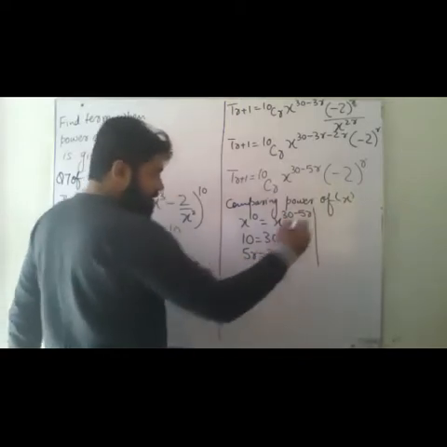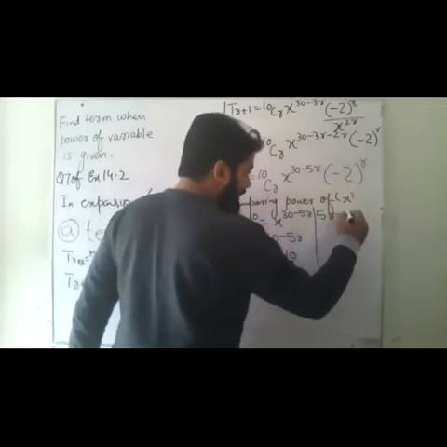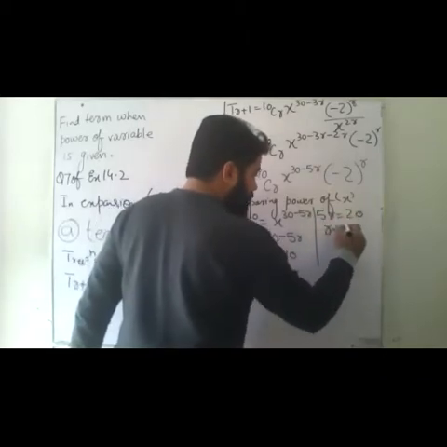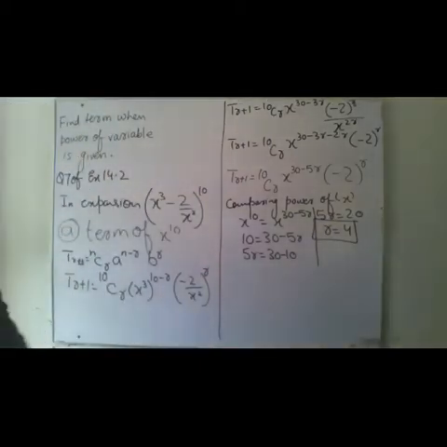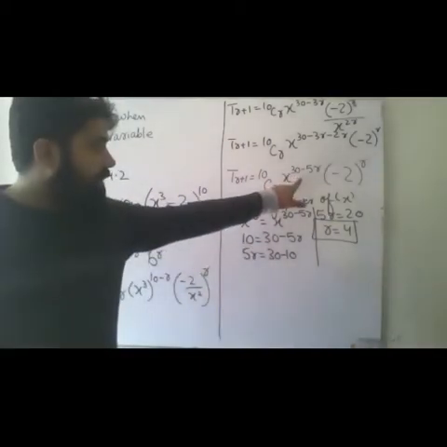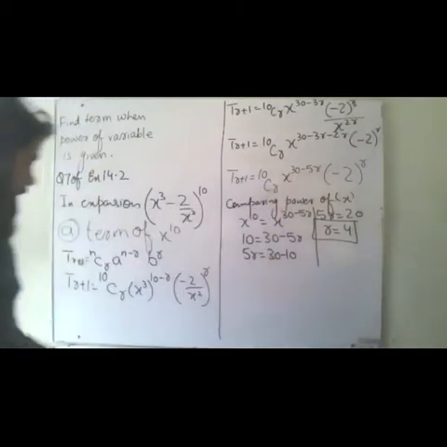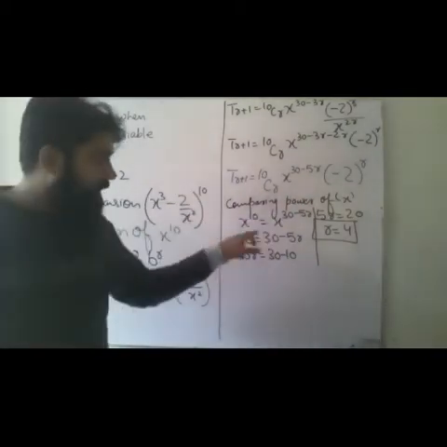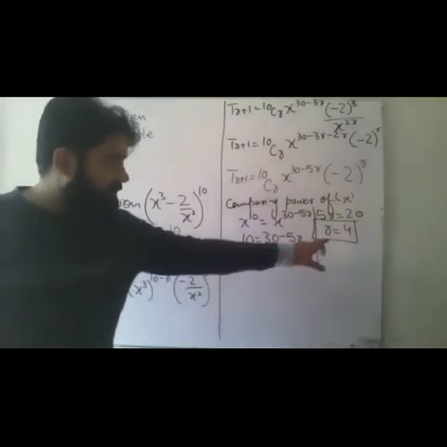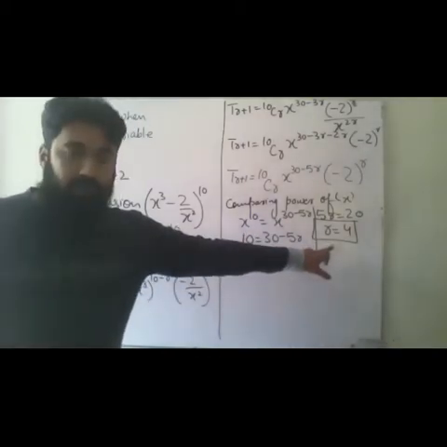Simplifying it, 5R equals 20. R equals 4. Okay. What I have done is taken x with this power and x with the required power, and compared them. Bases are the same, so powers will be the same. The value of R is coming 4.